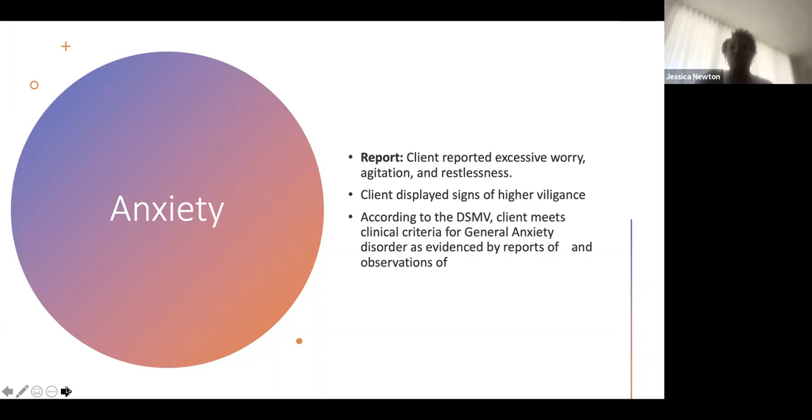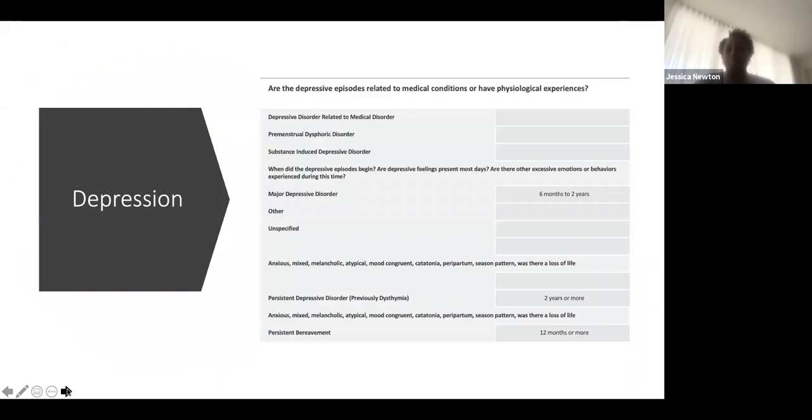And as we mentioned earlier, if we wanted to further defend or support this DSM diagnosis, then we could incorporate the Beck Anxiety Inventory as additional support, additional evidence, additional information to document our diagnosis.